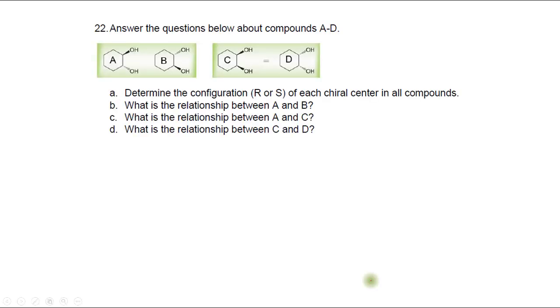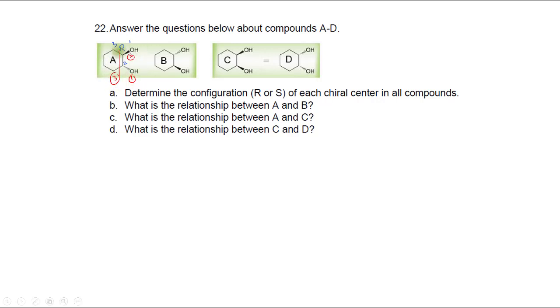Alright, we're answering questions about A through D. Determine the configuration of each chiral center. So for A we have 1, this is 2, 3. For A that is clockwise, so this will be R. And this is 1, 2, 3.